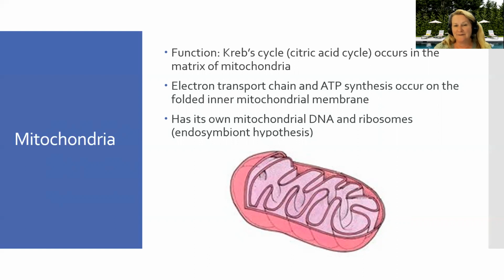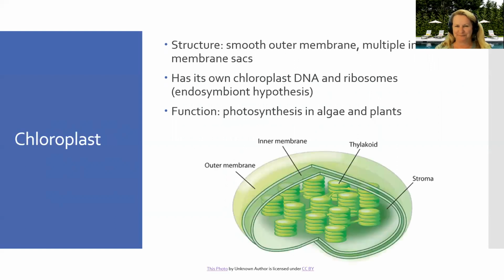As with many scientific theories, Dr. Margulis's endosymbiont hypothesis was widely ridiculed when she first proposed it in the 1960s. And then I think about 15 years later, maybe it didn't even take that long, she actually won the Nobel Prize for it. Now, the chloroplast, like the mitochondria, has different membranes. The outer membrane is smooth again.